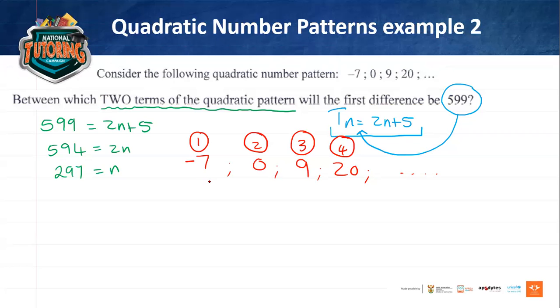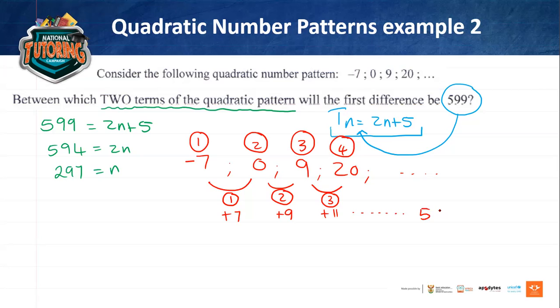Okay, I know that my first difference here was +7, and that was the first term of my first differences. Then 9 was the second term of my first differences, and 11 is the third term of my first differences.